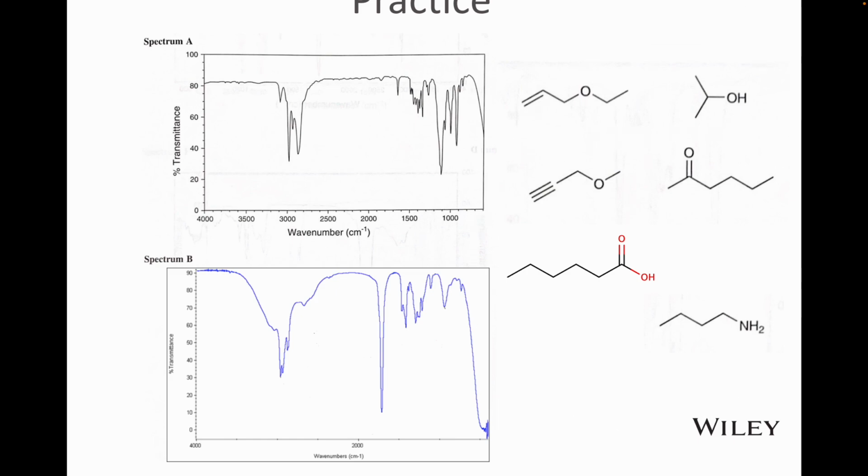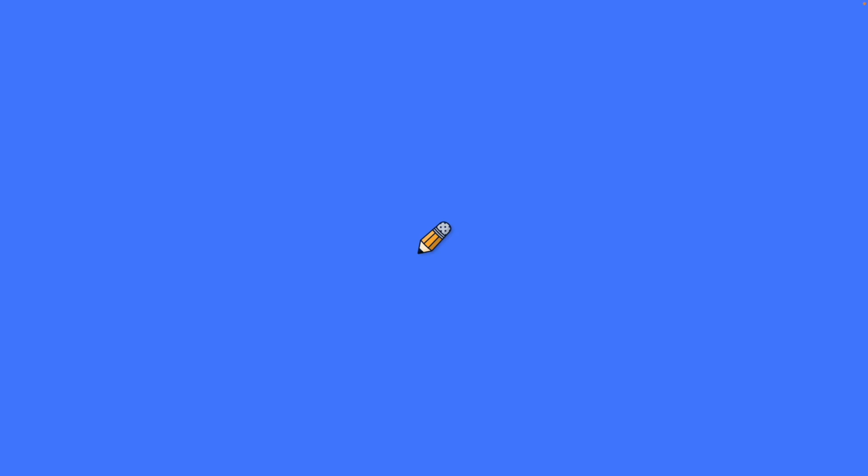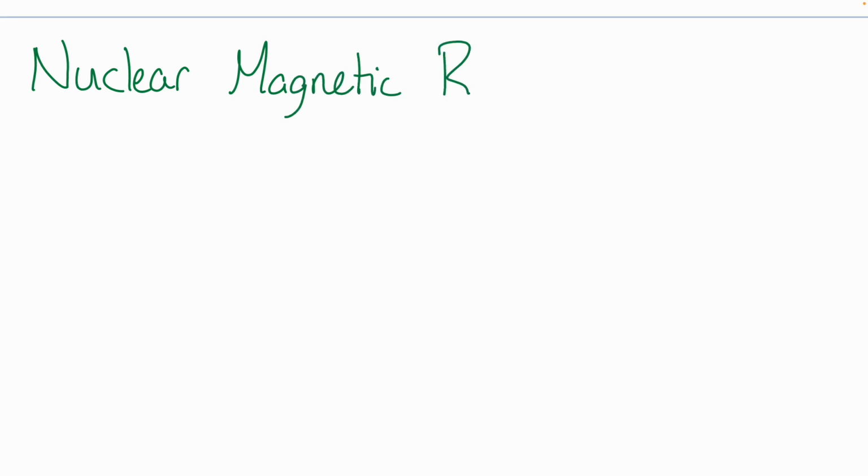I want to make sure to spend time today talking about the technique that you're going to use in lab that's far more complicated, which is called nuclear magnetic resonance spectroscopy. Or more simply, NMR.